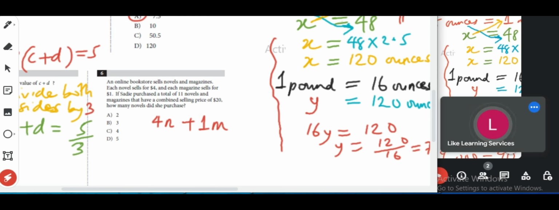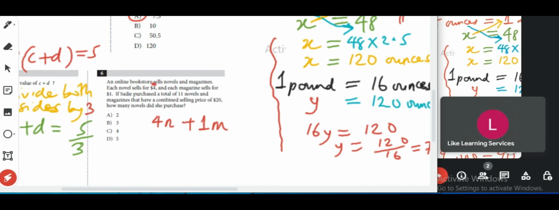This is the way you can figure that out. By the way, how much is one novel? One novel is $4, and each magazine is $1. Okay, so if one novel is $4, how much is 5 novels? I'm just giving that as an example.